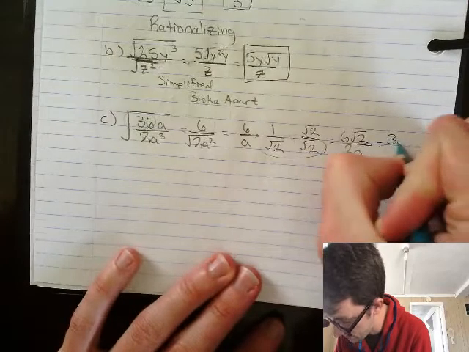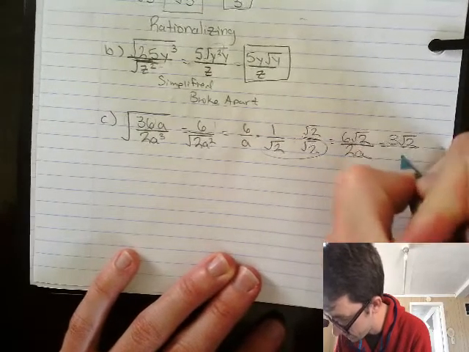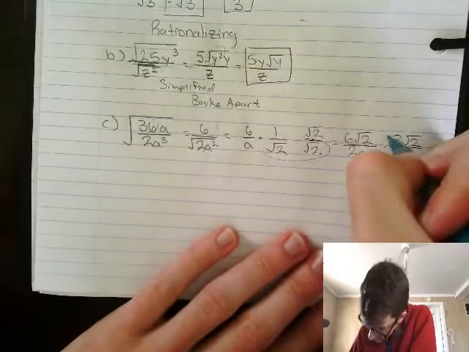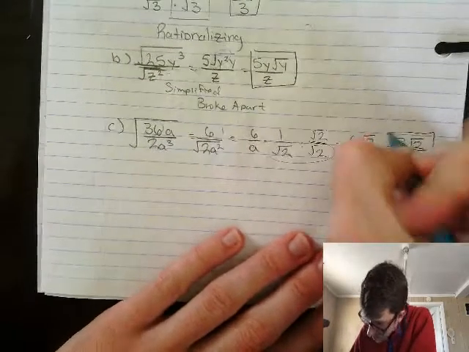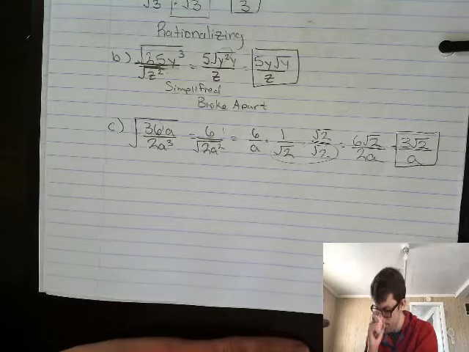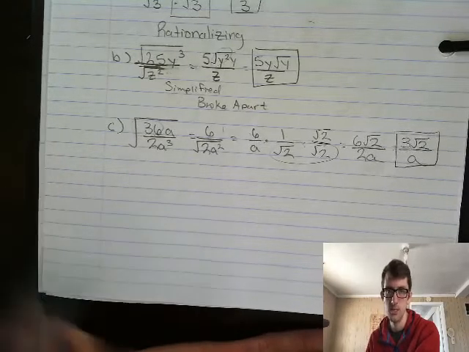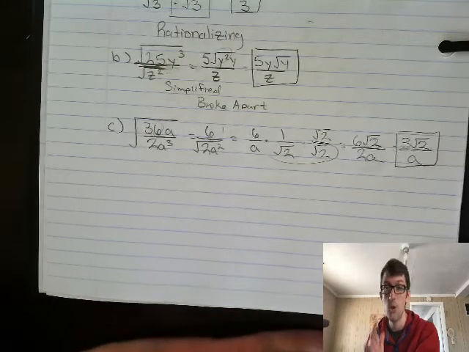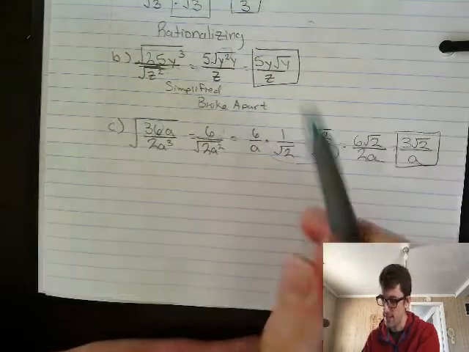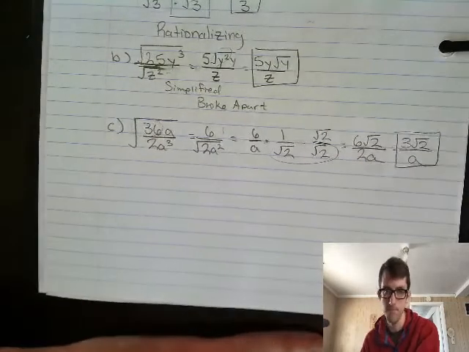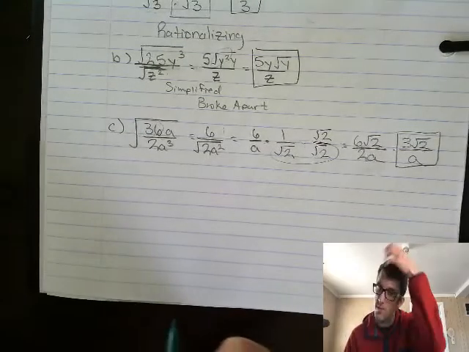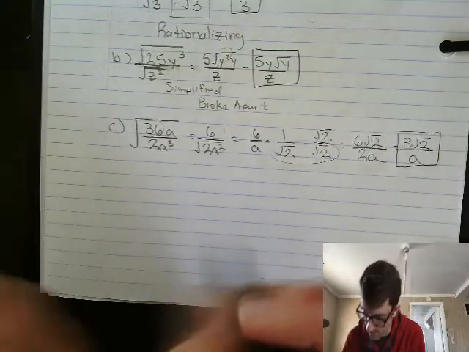All right. Well, we can simplify. 6 divided by 2 is 3. So it's 3 square root of 2 over a. So I will admit, there are a couple other ways we could do this problem, but this is just kind of how we decide to do it. There would be at some point the rationalizing that took place right here.